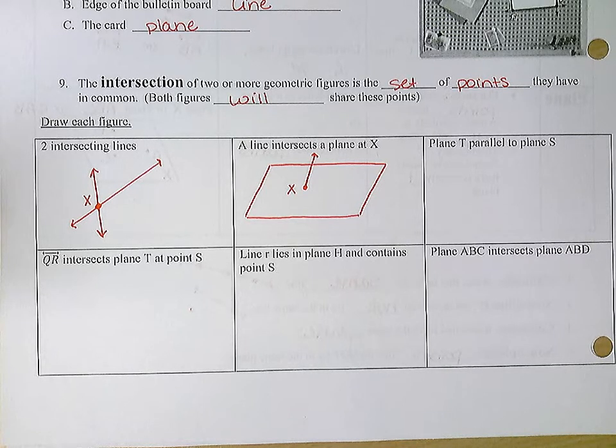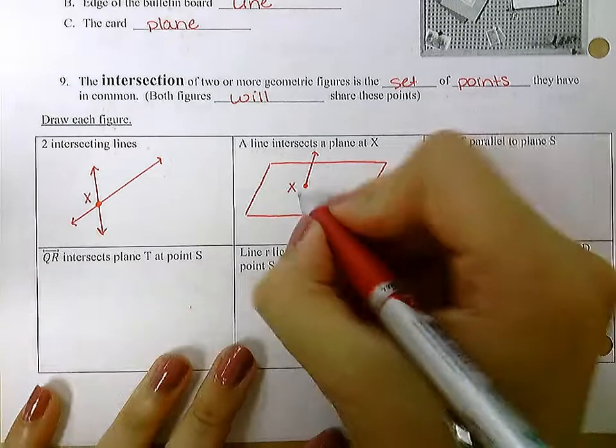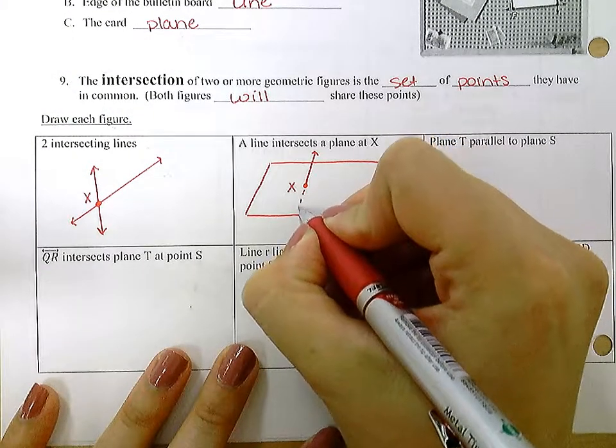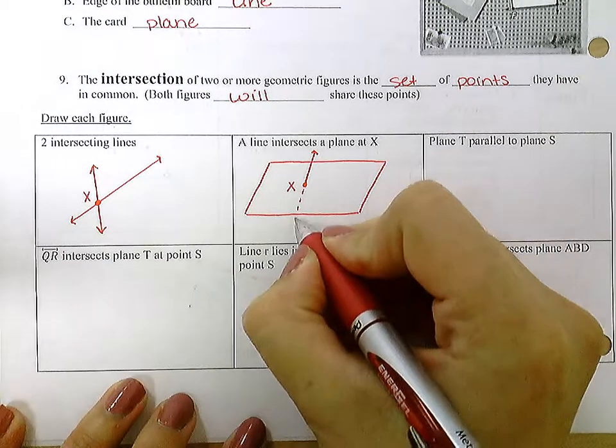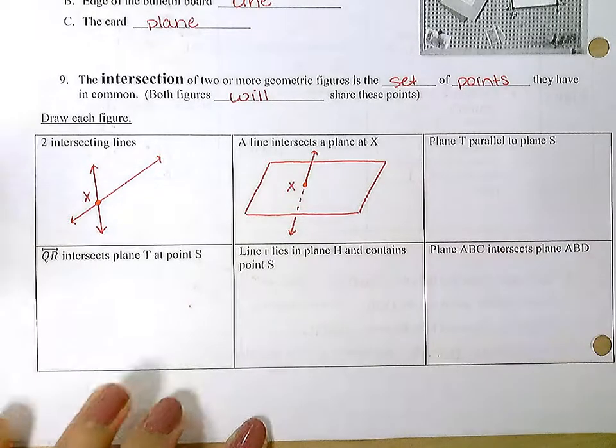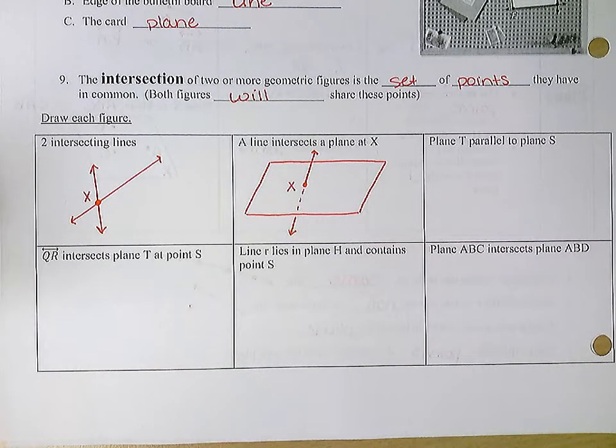Then I'm going to add in this dashed line through my plane, and then extend it the rest of the way down so that you can kind of see it going through it. Where that dashed line is, it's on the bottom half of your plane. Think about it three-dimensionally. Do you kind of see where it would go through the plane?